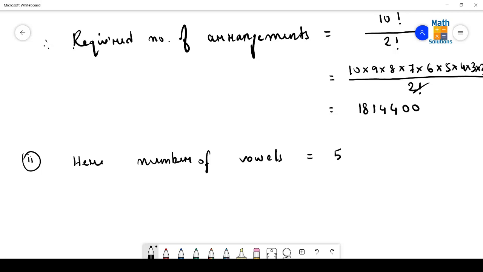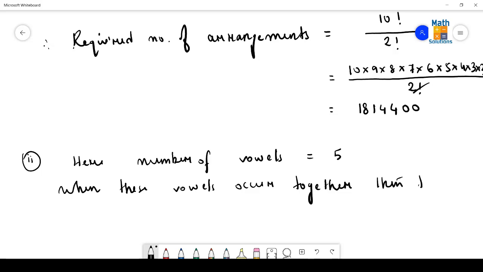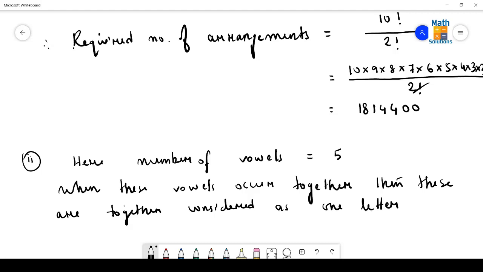When these vowels occur together, then these are together considered as one letter. Together considered as one letter.